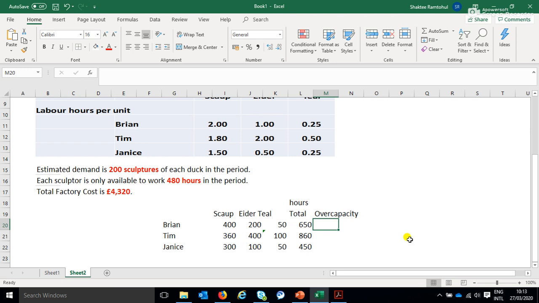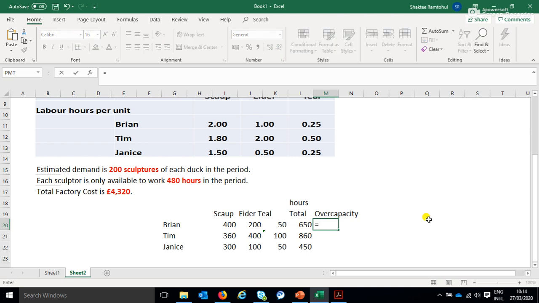Let's work out what exactly the overcapacity is. We can see that there seems to be a problem here, because Janice looks fine. She's well below the 480 hours, but we seem to have a problem with Brian and Tim. So let's work out what the overcapacity is.